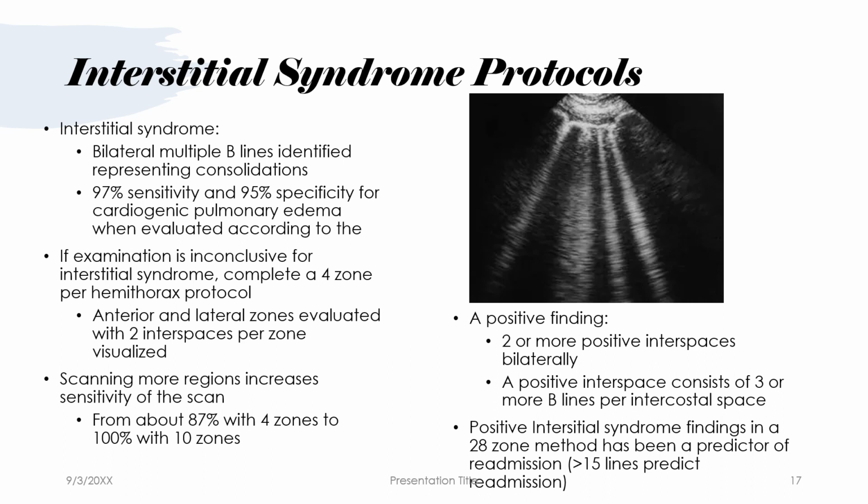You have to have at least 2 to 3 of these per intercostal space to prove that it's not artifactual. Every once in a while you'll have a relatively normal lung where some of the septations can be a little bit widened, and it might produce a B line. So they want to make sure that we're seeing multiple B lines to make that diagnosis.